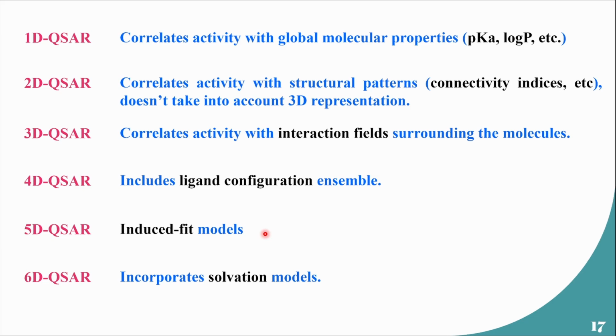So that will be a more computationally expensive model. Sir, do you mean that when docking is facilitated by water, solvation models and 6D QSAR come into play? No. Docking is kind of different. In that case we are just trying to find the binding affinity. In QSR you are actually building a model for the structure activity relationships, right?